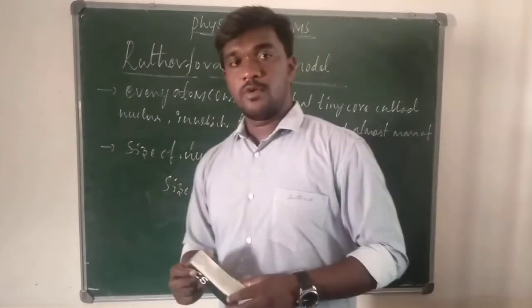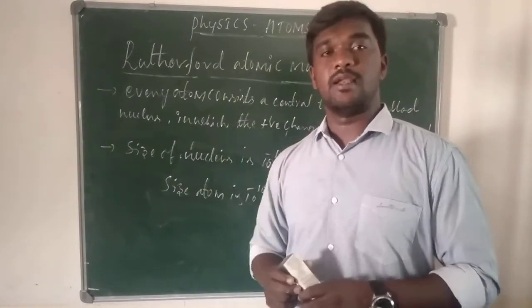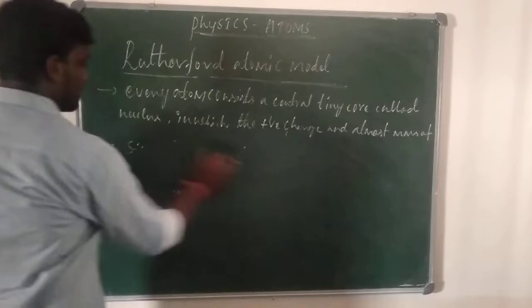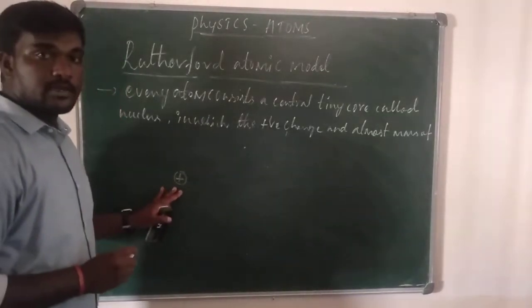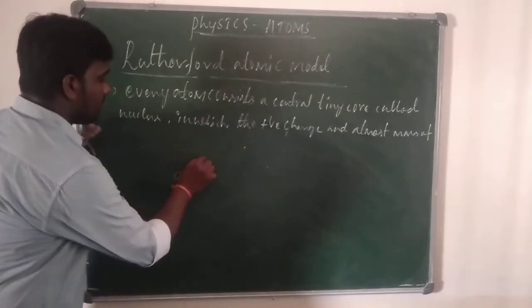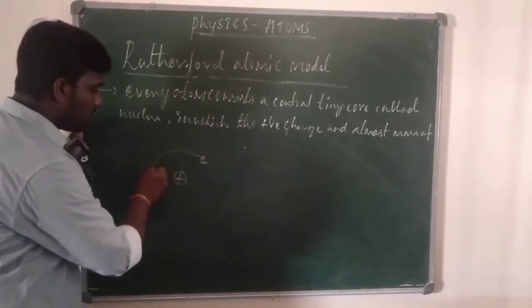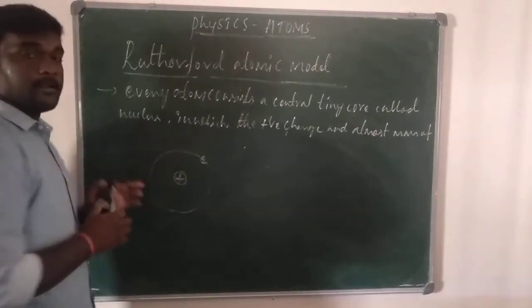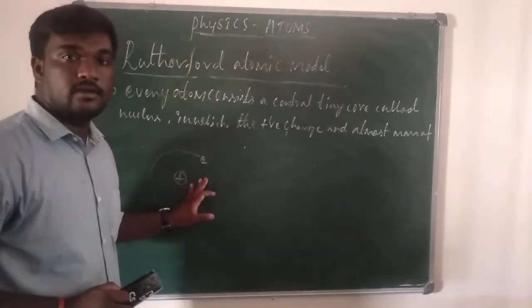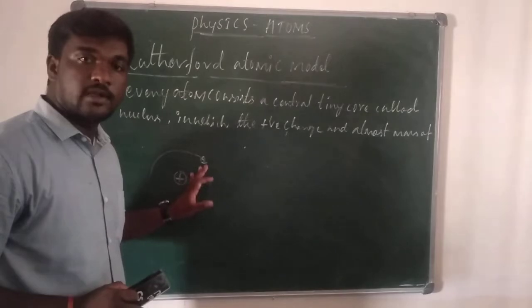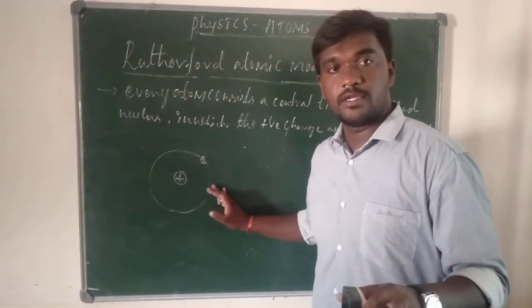And one more postulate of Rutherford: the electron revolves around the nucleus. Suppose this is the nucleus, and E is the electron revolving around the nucleus in various circular orbits.